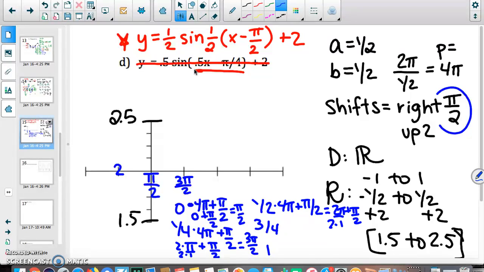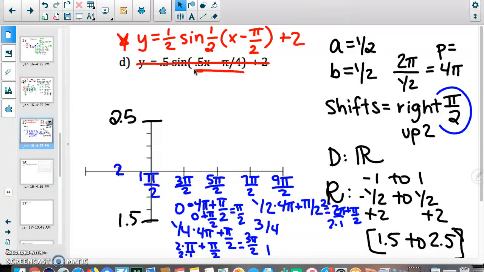So common denominator makes this 5 pi over 2. Now you can keep going with this, but maybe some of you are starting to see the pattern. 1, 3, 5, 7, 9. Okay, so those are my subintervals.